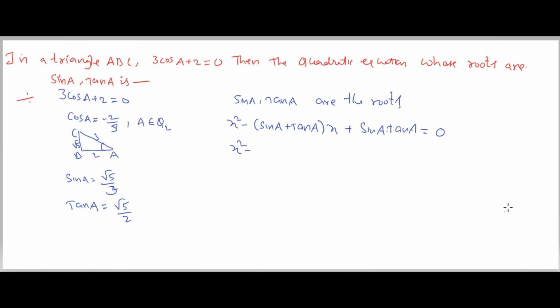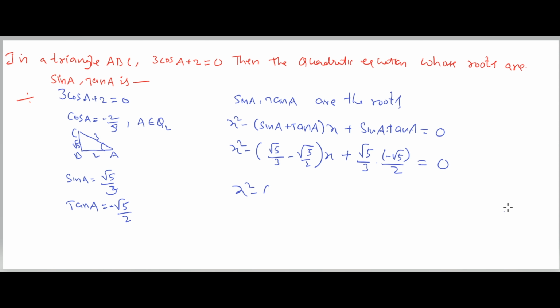X square minus (sin A value root 5 by 3 minus tan A root 5 by 2, since in the second quadrant tan A is negative and sin A is positive) into x plus root 5 by 3 into minus root 5 by 2 is equal to 0.